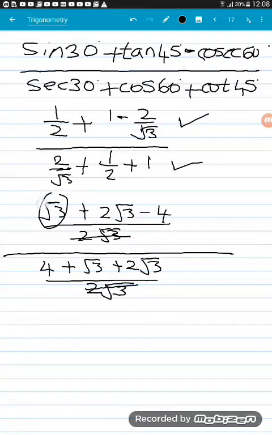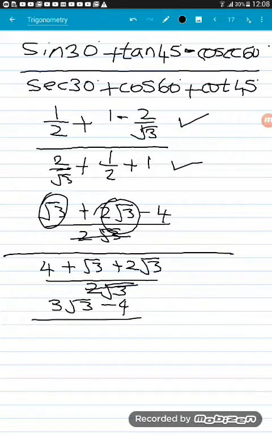So root 3 plus 2 root 3 gives 3 root 3 minus 4 by 3 root 3 plus 4, because root 3 plus 2 root 3 gives us 3 root 3.